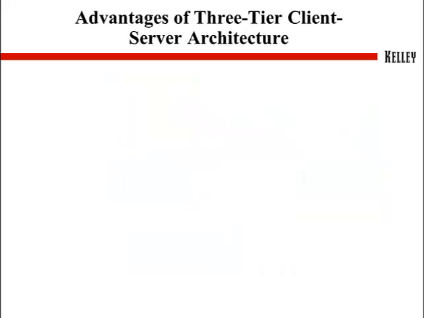There are advantages to a three-tier client-server architecture over the old traditional mainframe architecture. The first advantage is that there would be increased efficiency. Each tier has its own function to perform, which spreads out the work over several systems.